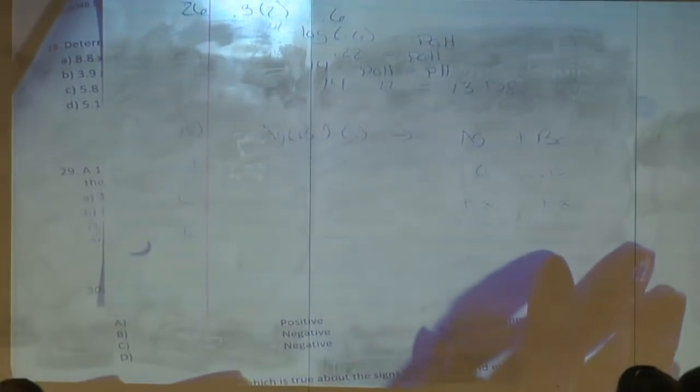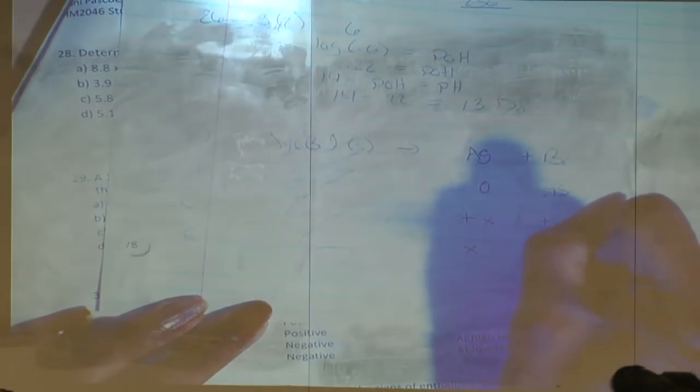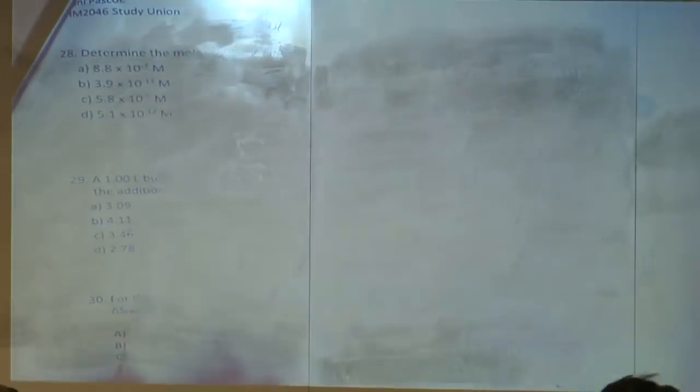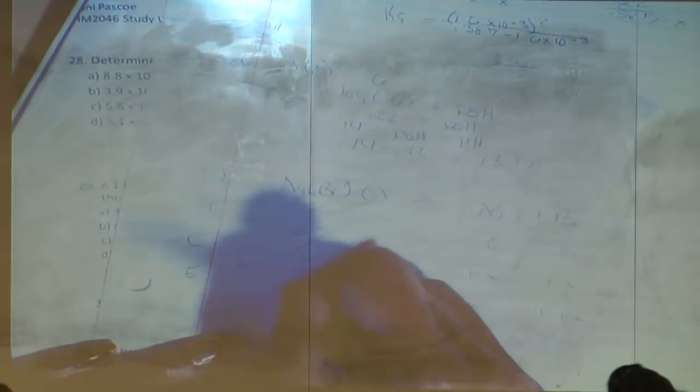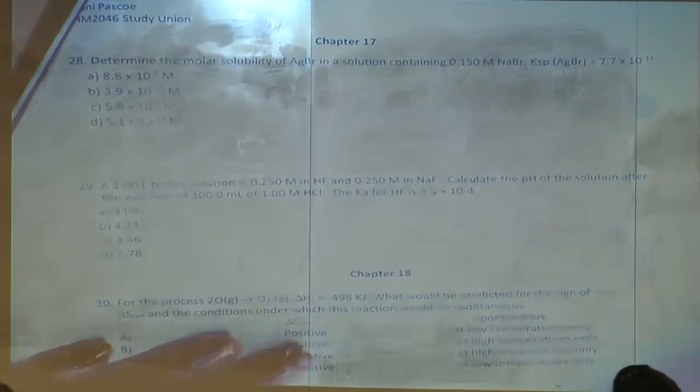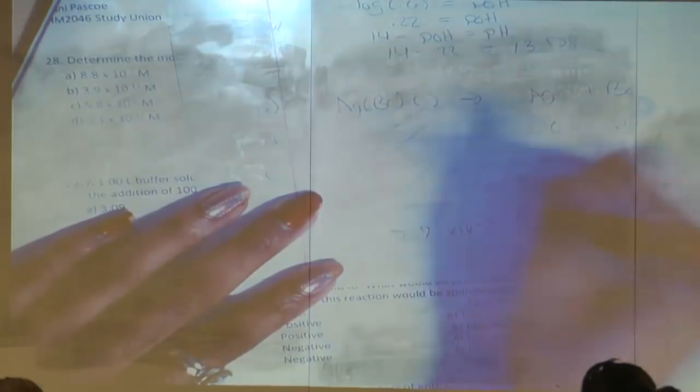Okay. So the change for both of these should be x. Oh, yeah, sorry. So at equilibrium, the concentration of Ag is x. The concentration of Br is 0.15 plus x. Now we were given the Ksp, and it's 7.7 times 10 to the negative 13.